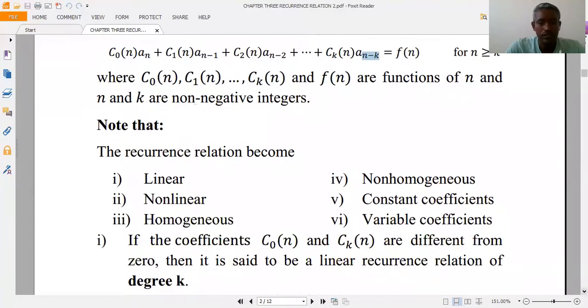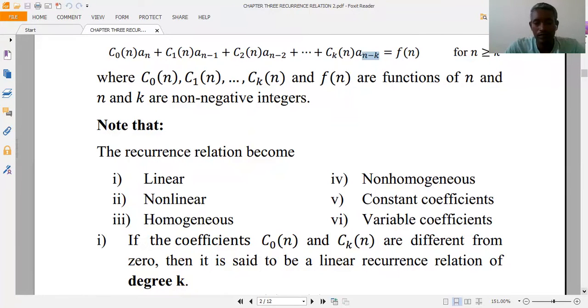Based on the definition, the recurrence relation can be linear, nonlinear, homogeneous, non-homogeneous, constant coefficient, or variable coefficient, and one recurrence relation may become either of these. Sometimes it may hold more than two categories.